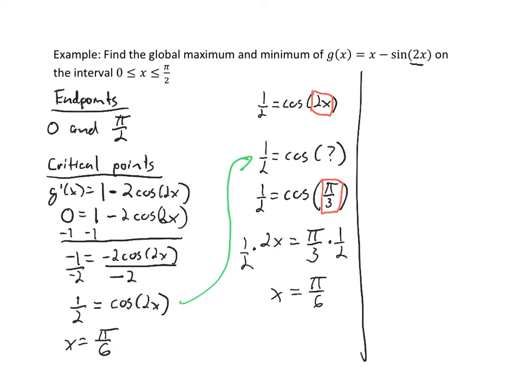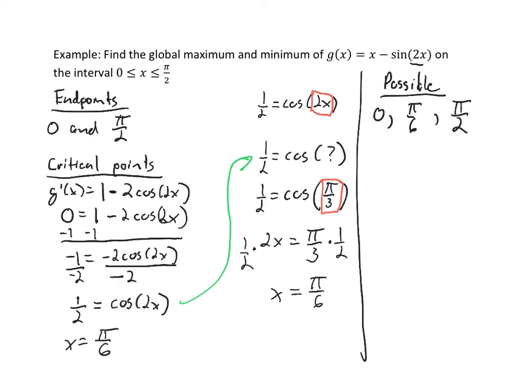We want to test all of these in the original function and see where the greatest and smallest possible values are. So far our possible places are 0, pi over 6, and pi over 2.